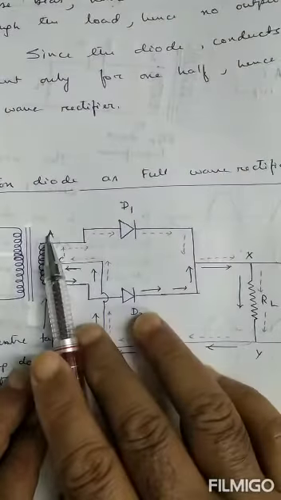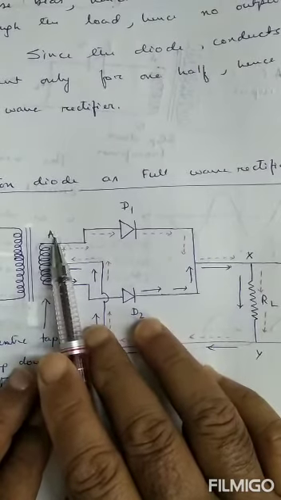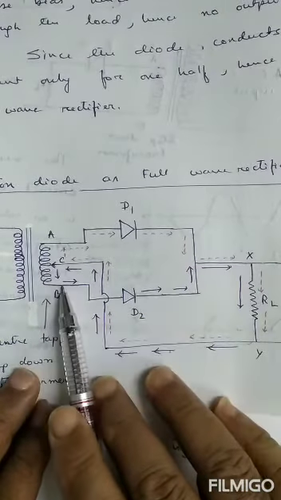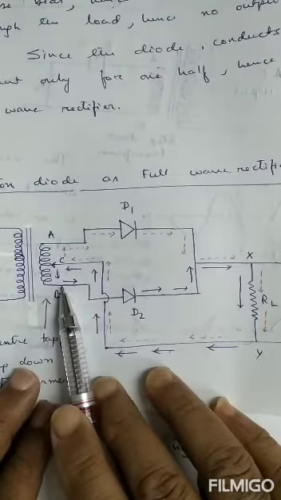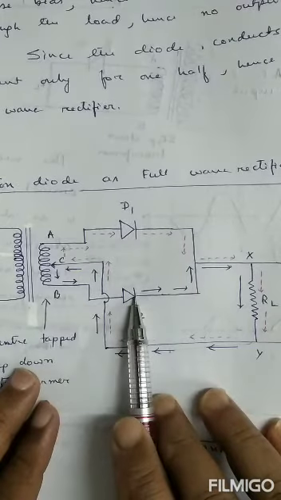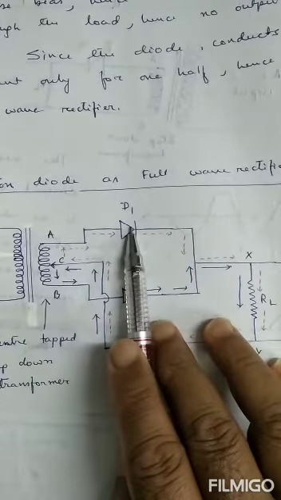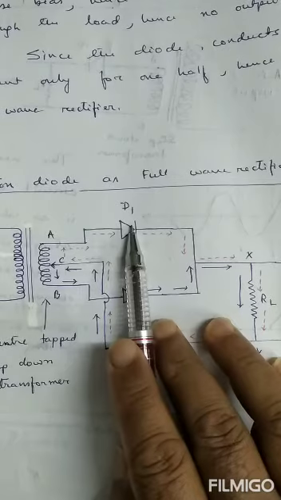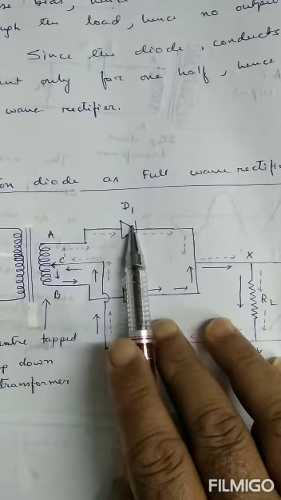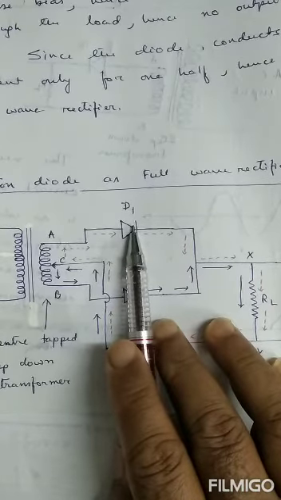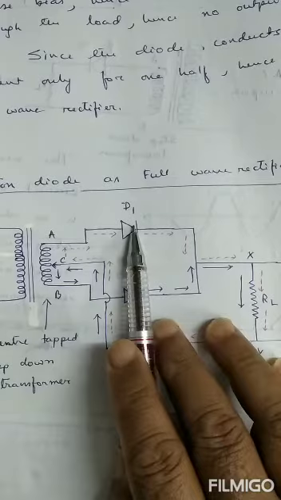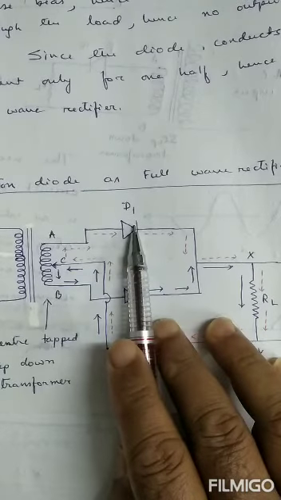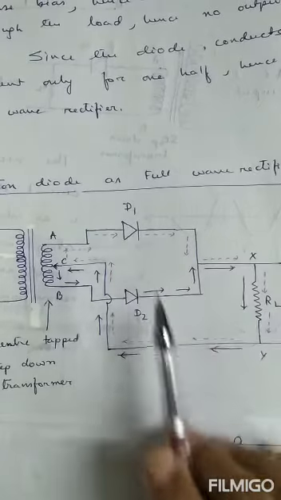When the A terminal is positive, B negative, this makes diode D2 reverse biased and diode D1 forward biased. Forward bias means the positive end of the battery is connected to the P side and the negative end to the N side. Reverse bias means the negative terminal of the battery to the P side and the positive terminal to the N side.